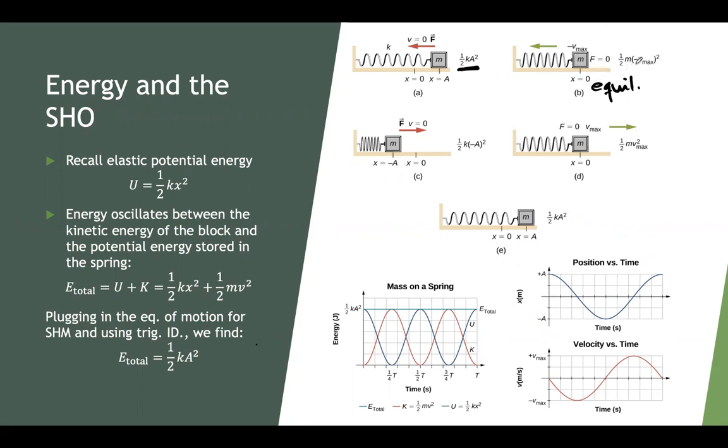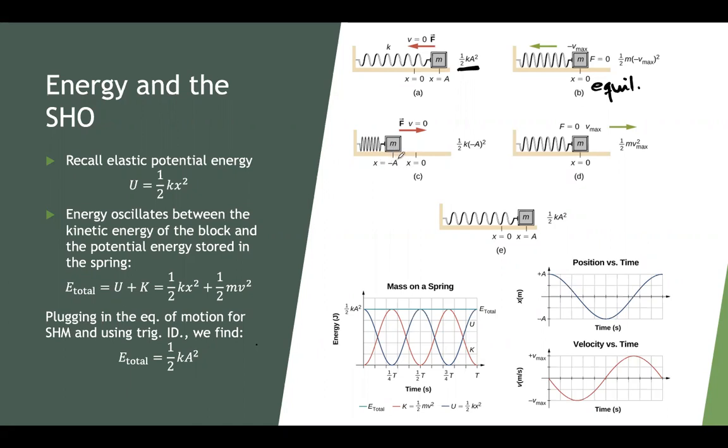And our kinetic energy is going to be where we have the negative v max, or our negative maximum velocity. And again, it passes through that, goes to our negative amplitude position, our negative maximum position.